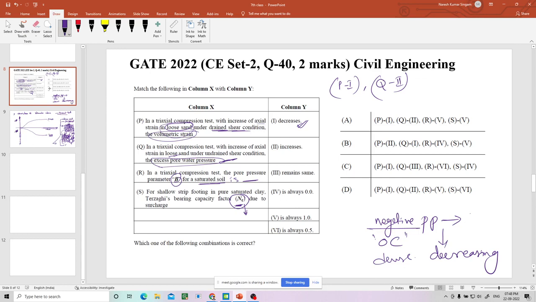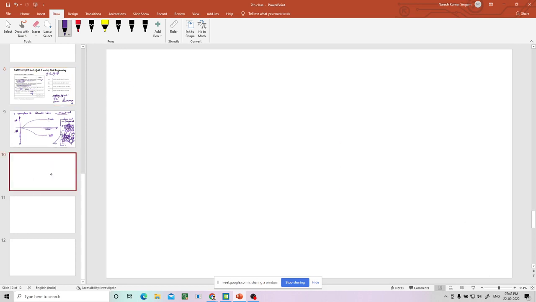See, you should know there are two pore water pressure parameters, A and B. You can go through the Gopal Ranjan textbook; there are derivations for these two.